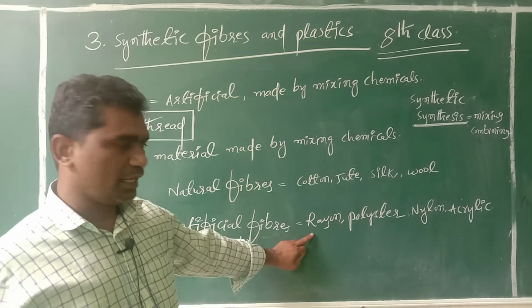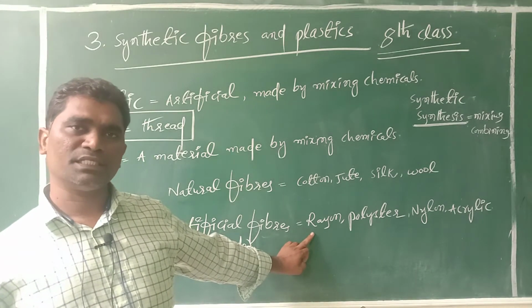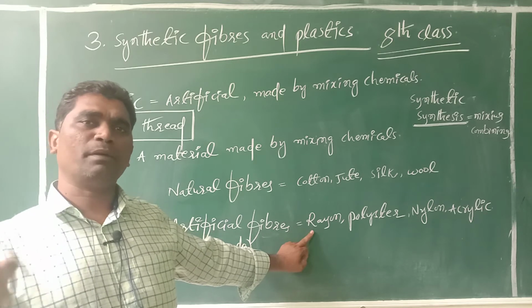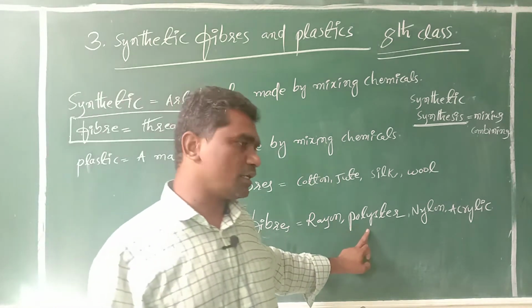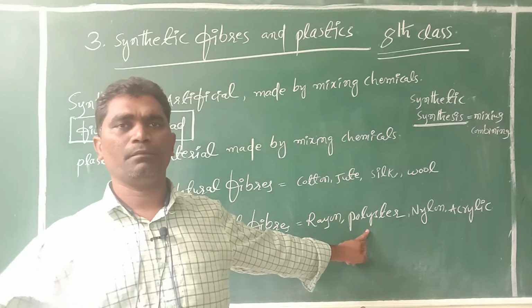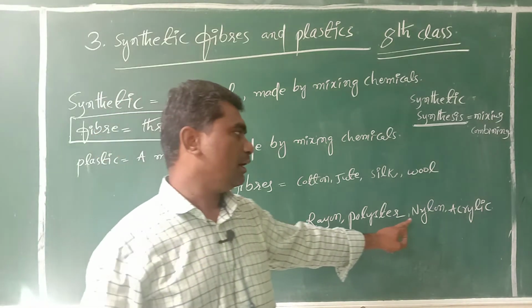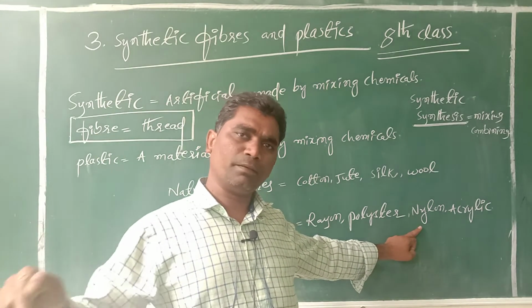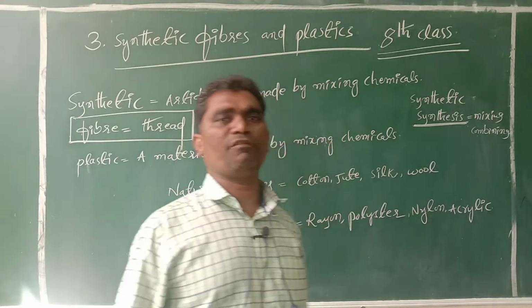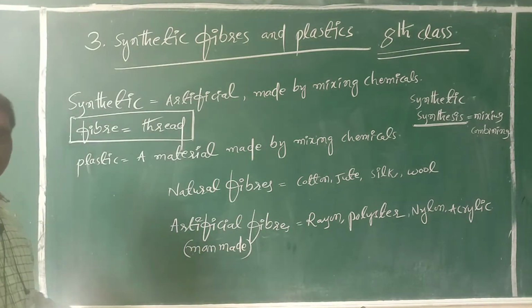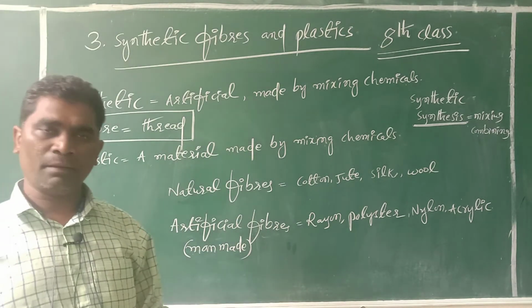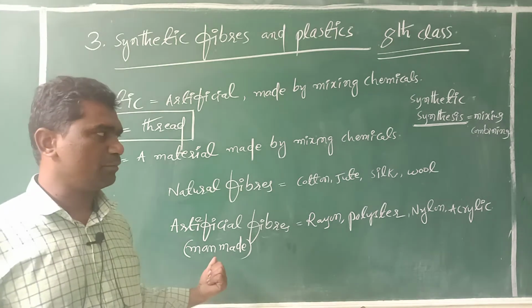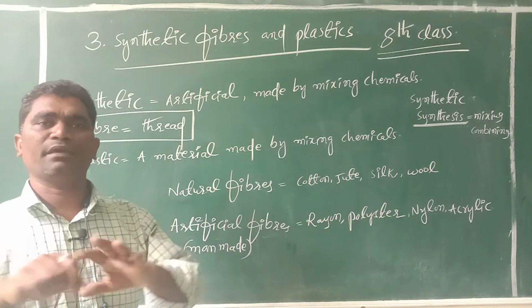For example, rayon is a synthetic fiber which is obtained by mixing chemicals. Polyester is also obtained by mixing chemicals. Nylon is obtained by mixing chemicals. Acrylic is also a man-made, artificial fiber obtained by mixing chemicals.